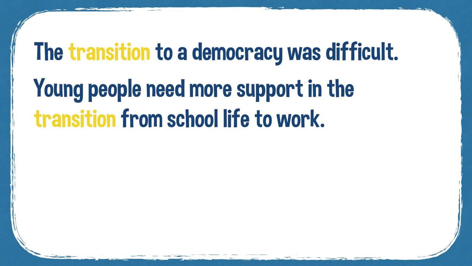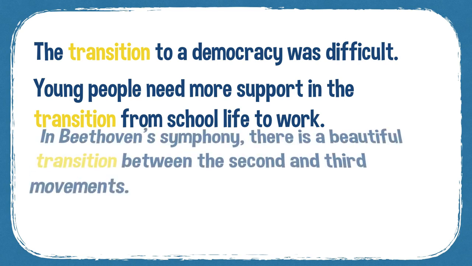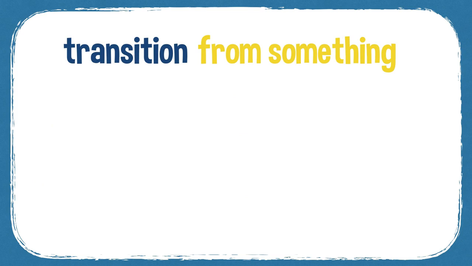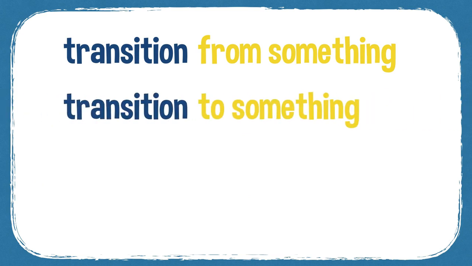Young people need more support in the transition from school life to work, so when they're making an important change. In Beethoven's symphony, there is a beautiful transition between the second and third movements, so there's a change between the different movements there. Typical collocations are a transition from something or to something.